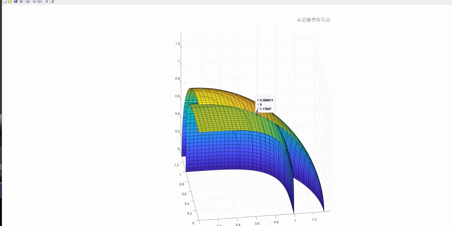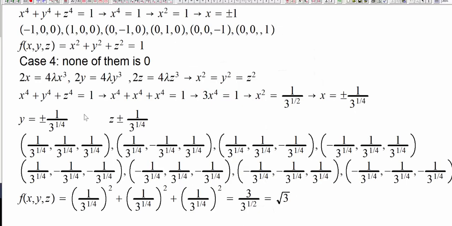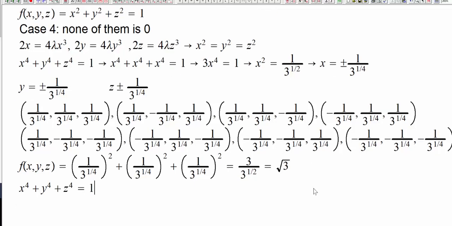Okay, so let's calculate an equation of the tangent plane. What we want to do is write an equation of the tangent plane to this surface at which point?